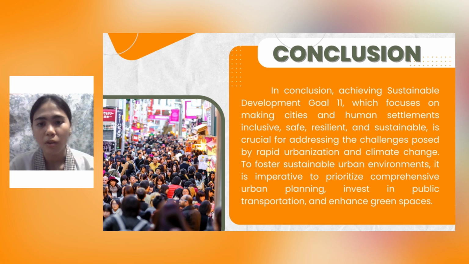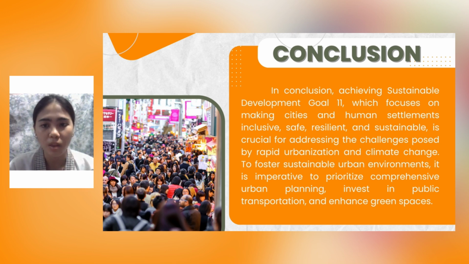In summary, reaching Sustainable Development Goal 11, which aims to create inclusive, safe, resilient, and sustainable cities and human settlements, is essential for tackling the issues arising from rapid urbanization and climate change. To promote sustainable urban environments, it is vital to emphasize thorough urban planning, invest in public transportation, and improve green spaces.